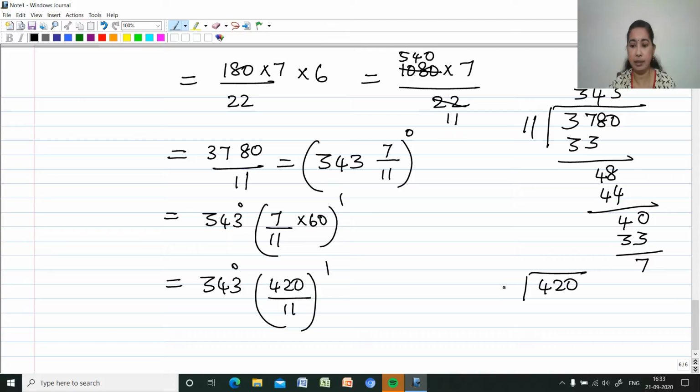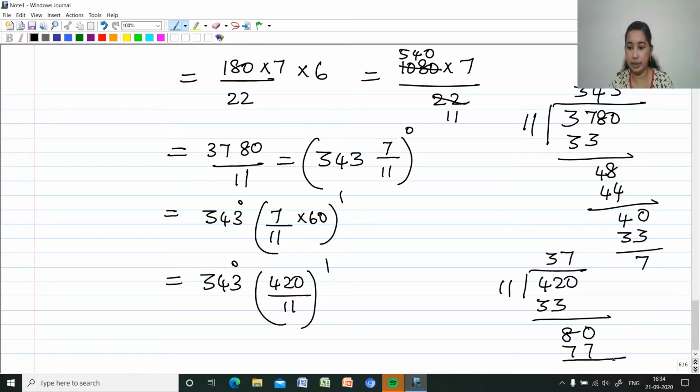Again we have to do long division. 420 divided by 11. 11 threes are 33. Then remainder, here you are getting it as 8. Then 0. 11 sevens are 77. So you are getting remainder as 3. So how can you write it?